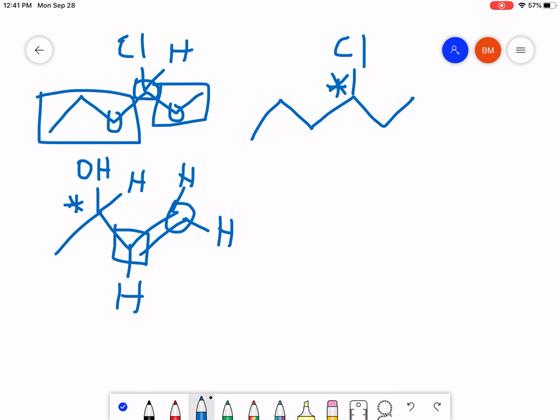There's 3. The double bonded CH2 still counts for only 1 group. So we don't meet that 4 different group criteria. The only time you can ever have stereogenic centers is when the atom is sp3 hybridized. That's the only way you can have 4 different groups. So, again, this one has 1.